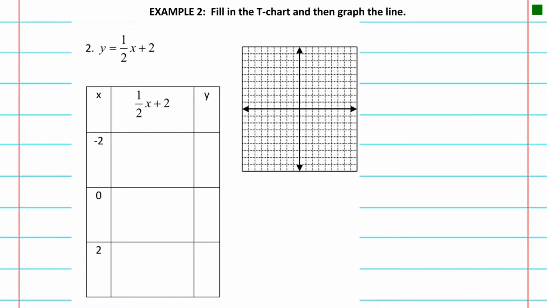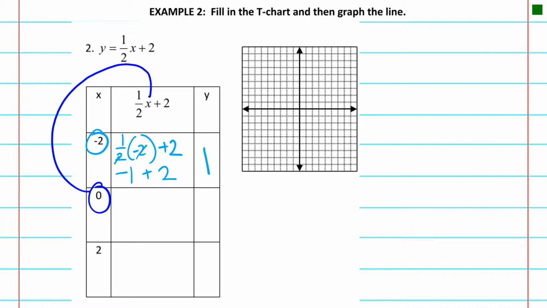So let's try it. So first I'm going to start with my negative 2. So I'm going to plug in the negative 2 for the x. Now watch what happens. The 2's cancel out, so I get negative 1 plus 2. Negative 1 plus 2 is 1. Just like that. Now I'm going to plug in the 0. So the 0 goes in here.